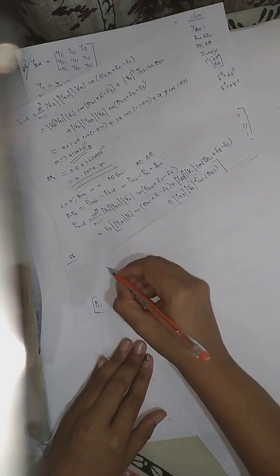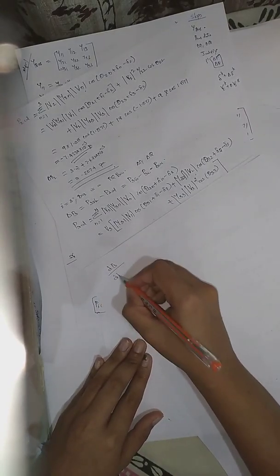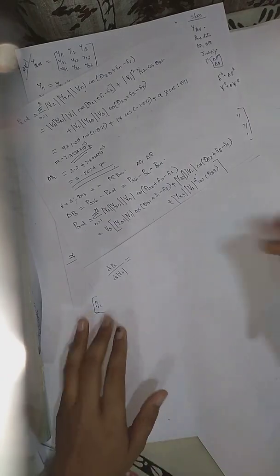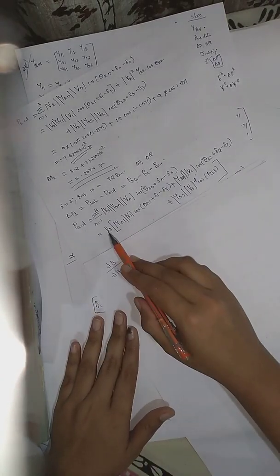So next what I have to find out is dou P3 by dou V3. V3 will be common everywhere.